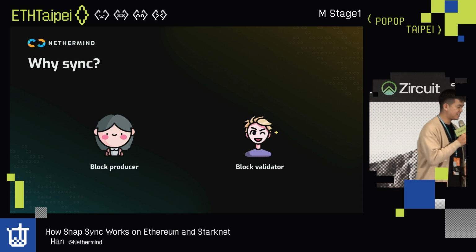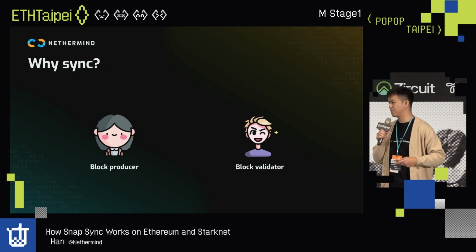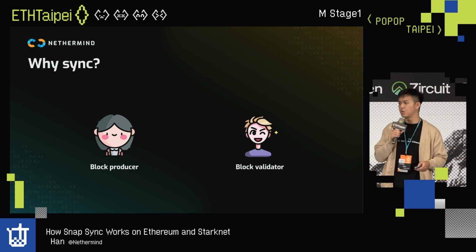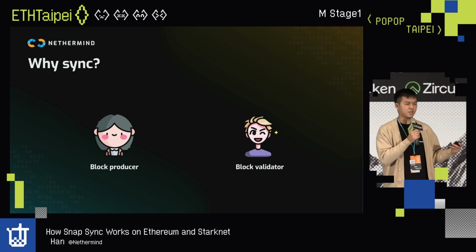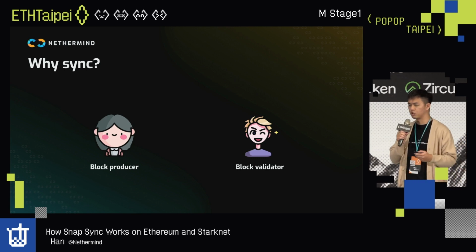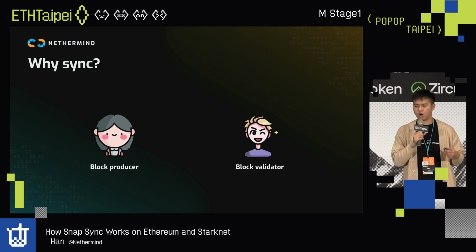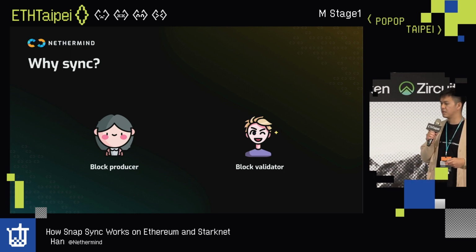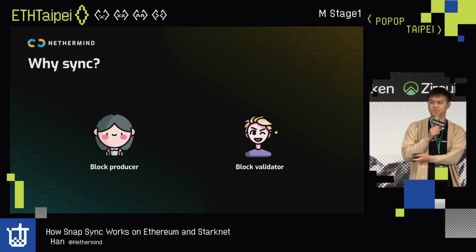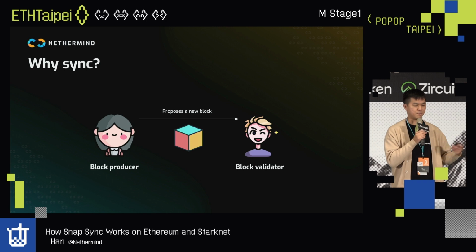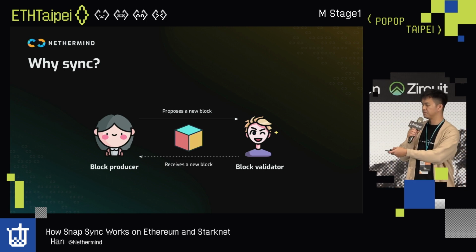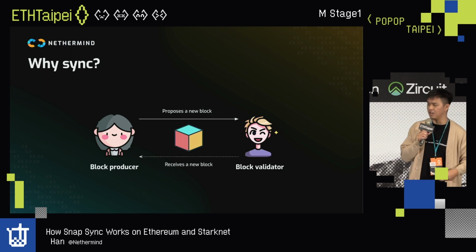So first, let's think from first principles: why do you even have to sync a node when you run a node? Typically on a blockchain system, you would have two important actors. You have the block producer, and then you also have the block validator. As the name implies, the block producer proposes or produces a block, and then the block validator would validate a block.